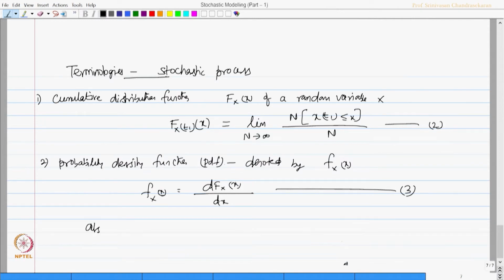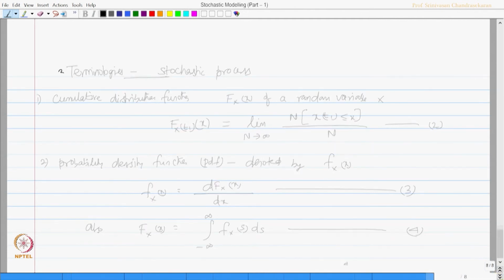Also, F of x is the integral from minus infinity to plus infinity of f of x dx. This statement is also true for stochastic processes.